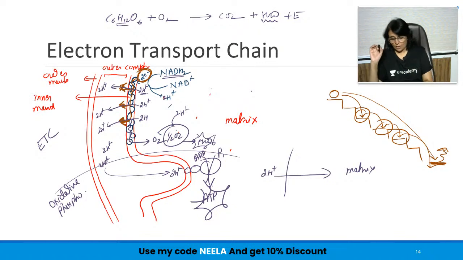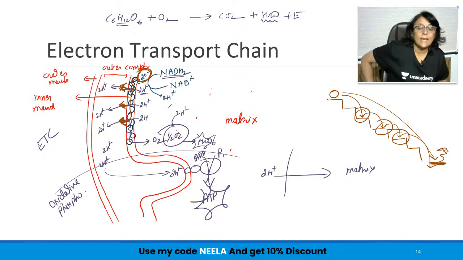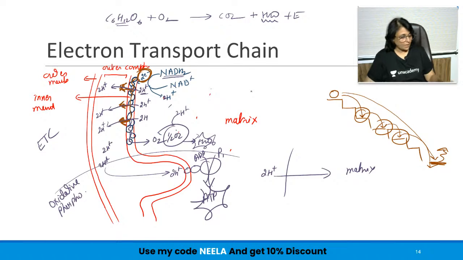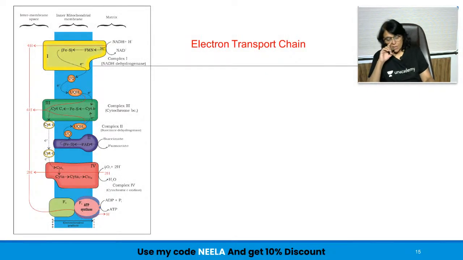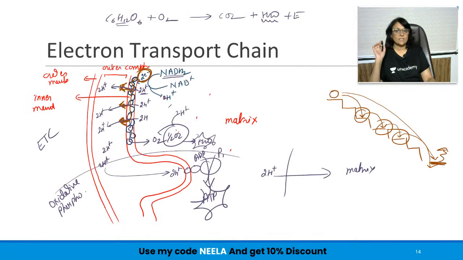Okay, so before we actually take up the electron transport chain, I'm going to just show you the picture for a minute and then we'll come back to this. This is the actual electron transport chain. Now, if I would have shown you this directly, probably some of you would have gotten scared. But to understand, I made a very simple diagram.